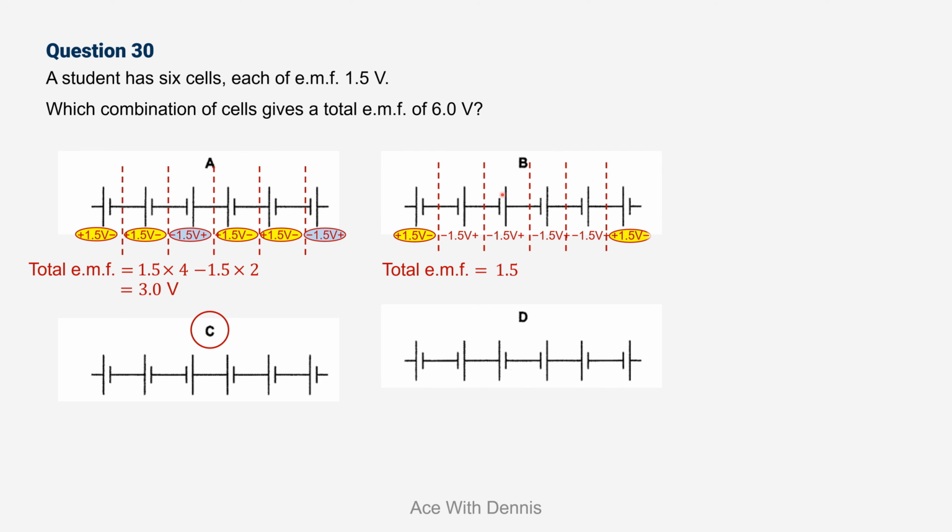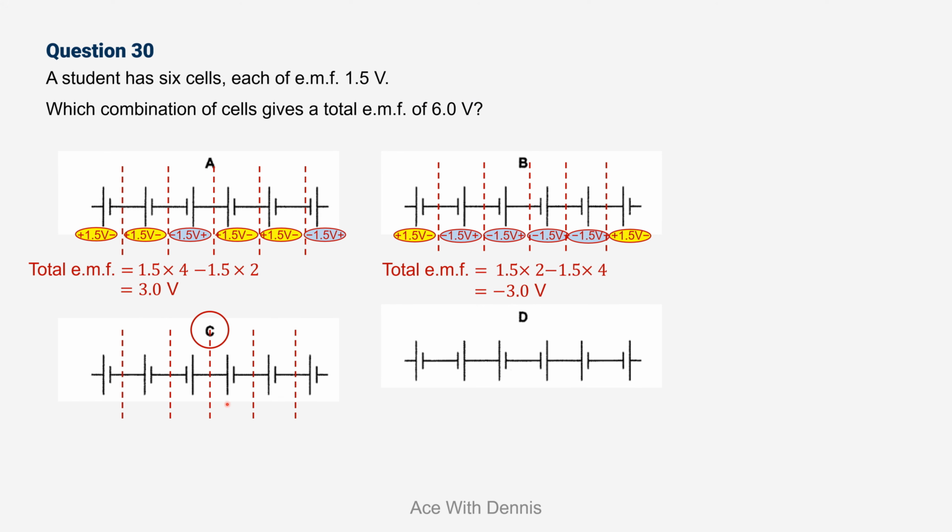So we have 2 cells connected in the positive 1.5 volt negative direction, hence 1.5 times 2. And then the rest of the cells are connected in the opposite direction, which is 4 cells, so it's minus 1.5 times 4. And when we calculate, we get negative 3.0 volts. So this is not the answer that we want, 6.0 volts.